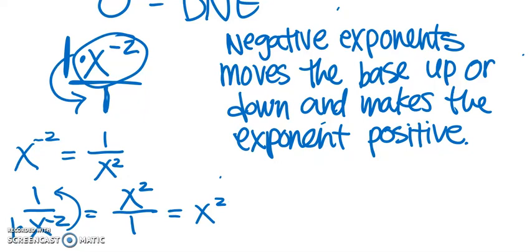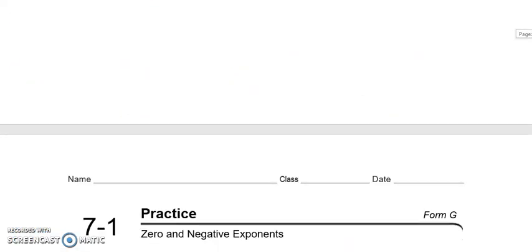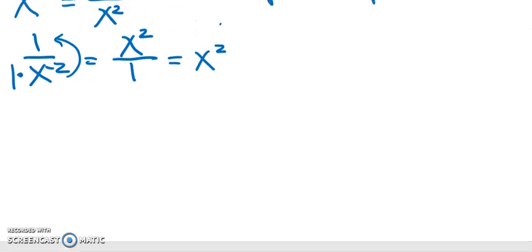One thing that people forget, oh, I'm running out of room. People forget, let's say 3 to the negative 2. People think that that is now negative 9. That is not true. Do not say that.